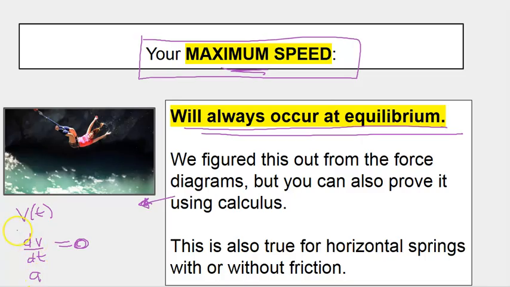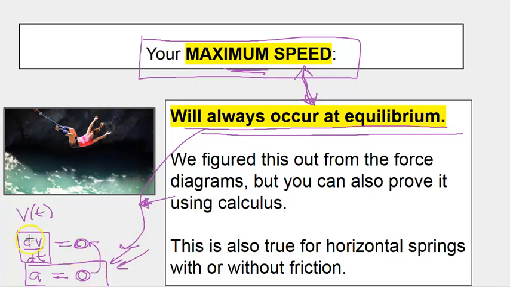Because what is the rate of change of velocity? That is acceleration. So this is not a coincidence, because the definition of equilibrium is that the acceleration is 0, which means that the time derivative of velocity is 0, which means that the velocity is either a max or a min.